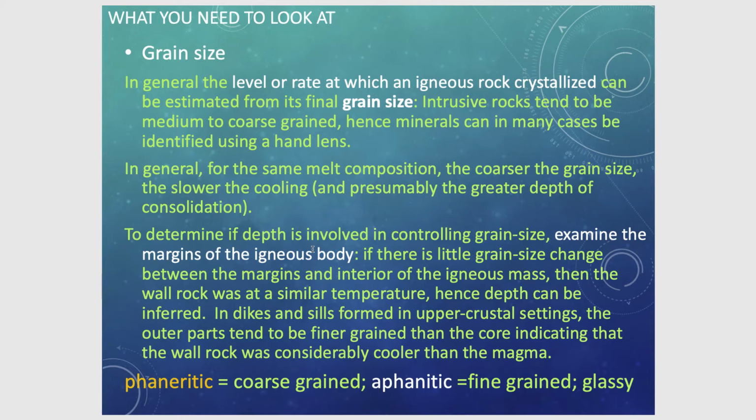So remember also this terminology here. Usually a phaneritic rock will be an intrusive rock that is coarse-grained. Instead, a basalt, an obsidian, or a dacite, or a rhyolite. We talked a bit about rhyolites with the K-feldspars.